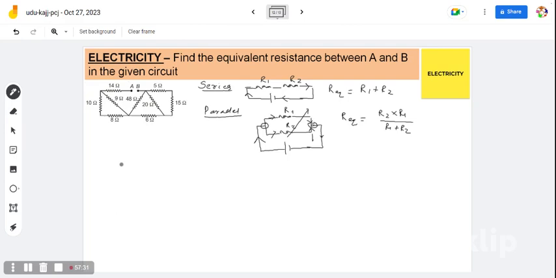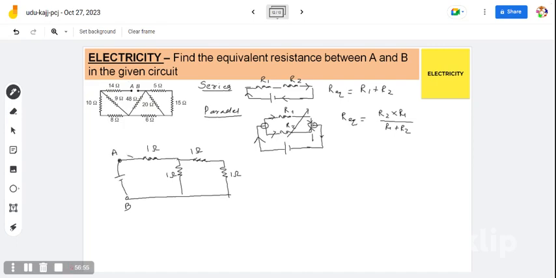Now let us solve a simple sum. So this point is A, this point is B, and we have to find the equivalent resistance between A and B. Let all the resistances be of value 1 ohm. Now we have to imagine that a battery is present here in our mind.